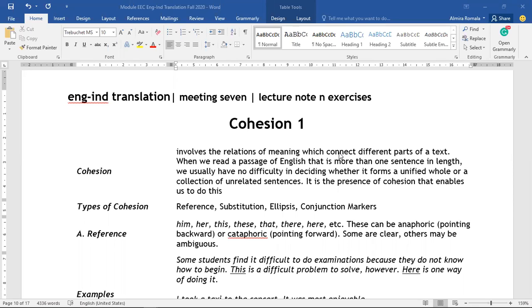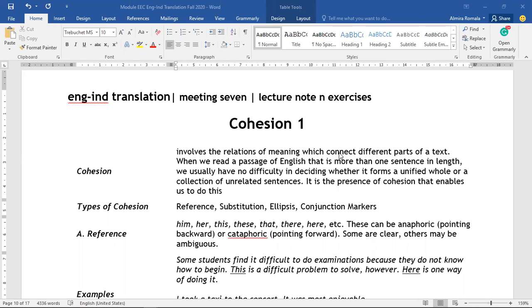So cohesion, guys, involves the relation of meaning. We need to understand cohesion in producing a good text. In a text, there are several sentences and the meaning must be connected to each other from the first part until the final part.